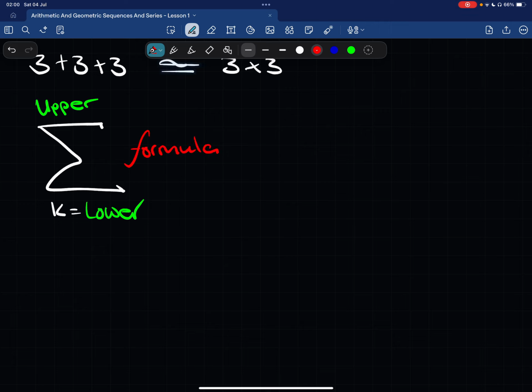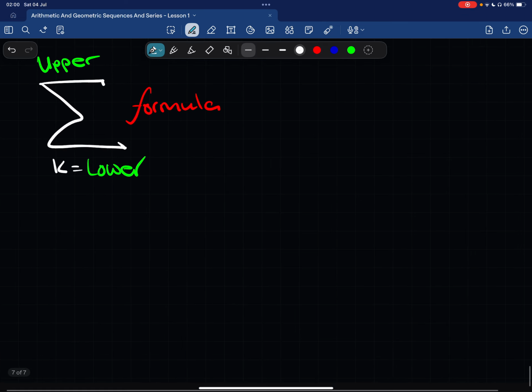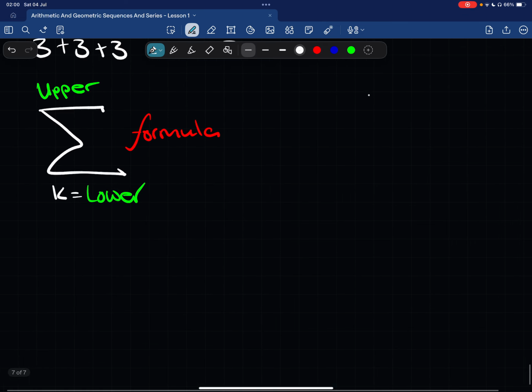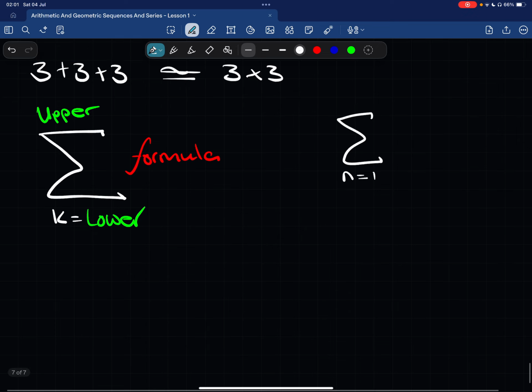Okay, so this will make more sense with an example. So you were told to add up the first 10 numbers. That would be starting at 1. So our lower bound would be 1 and our upper bound would be 10. And we just denoted the start of our lower bound as n.